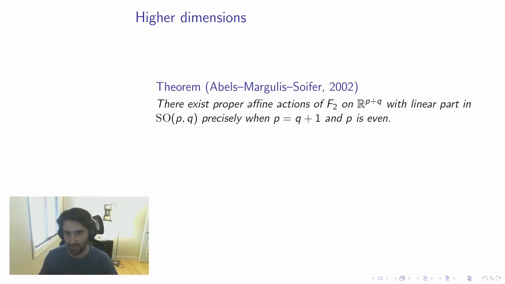The first result in this direction is Abels, Margulis, and Soifer in 2002, which proved that proper affine actions of the free group of rank 2 can act on R^(p+q) with linear part in a split orthogonal group exactly when the pair (p,q) is of the form (2n, 2n-1). So this is the same number that appeared in my first slide. And when p and q are not of this form, then there can be no proper affine action of F2 with linear part in that group.